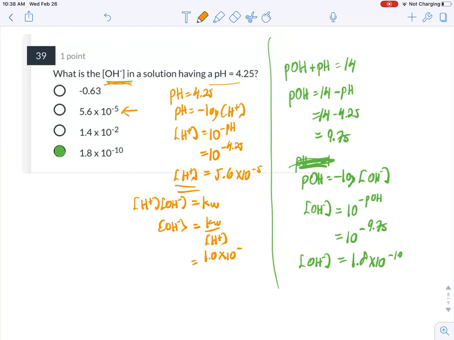It's 10 to the minus 14. And you want to divide by the concentration of hydrogen ions. Okay, let me do that on my calculator. 1 exponent negative 14 divided by 5.6 exponent negative 5. And I get 1.8 times 10 to the minus 10.